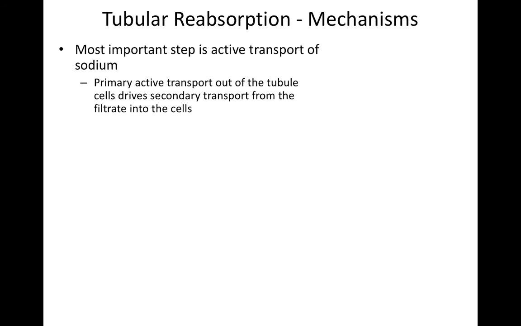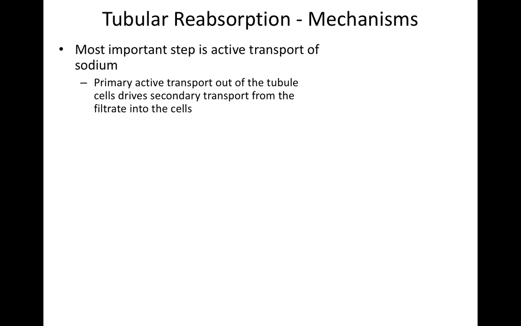So the most important step of all is going to be active transport of sodium. This is where we use our ATP. This is where the PCT is using all of those mitochondria and just driving this process of getting this stuff back. And we're going to start by moving sodium.